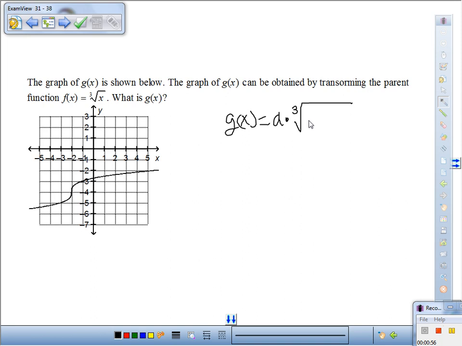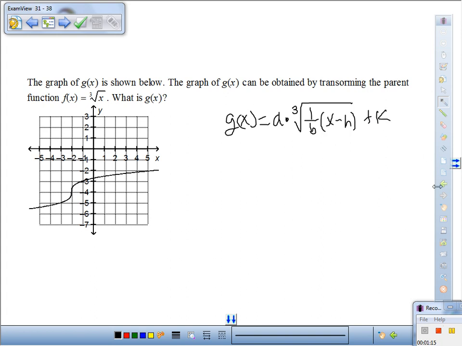Who remembers what goes inside? 1 over b, very good, parentheses, x minus what? H, that is correct, close parentheses, and outside the radical, what do we write? Plus k, that is correct.